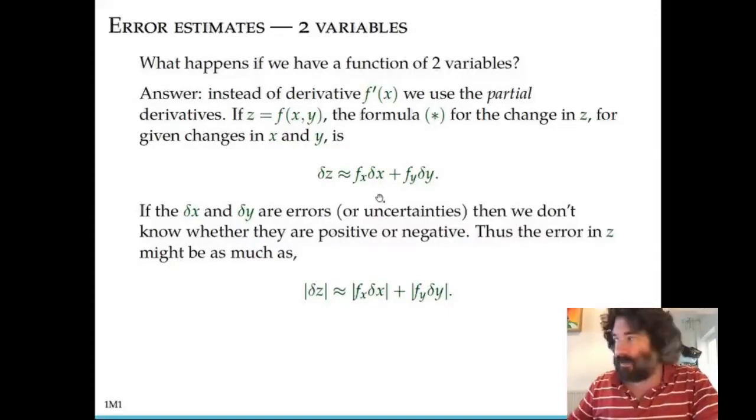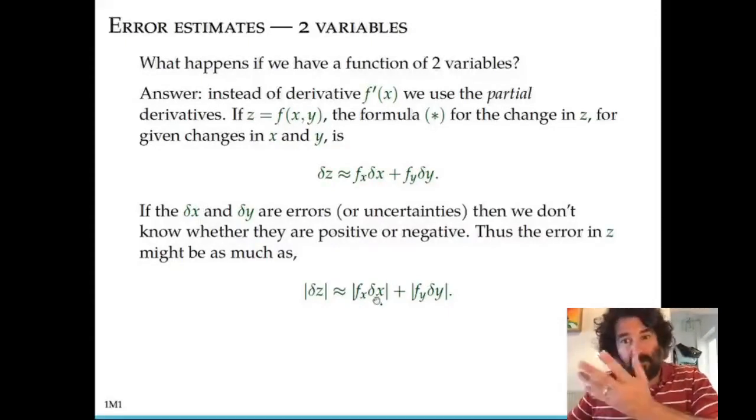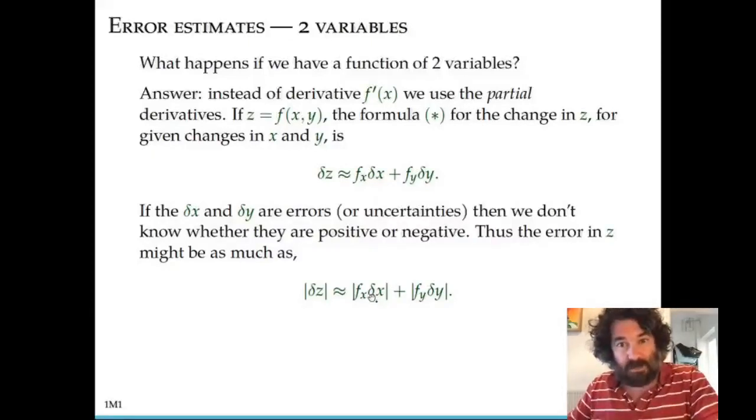And so in order to get a most pessimistic estimate possible, we take the modulus of both the terms. Of course, it's possible these errors could cancel out, but we would take the modulus in case they add together because you don't know. And so the size of the error, delta z, is estimated by this formula.